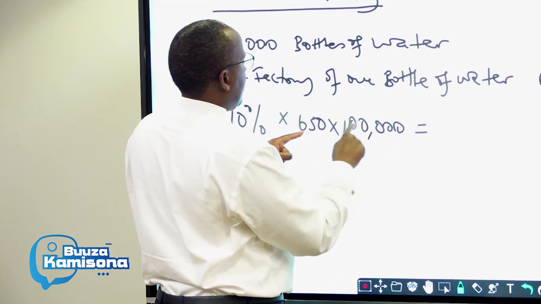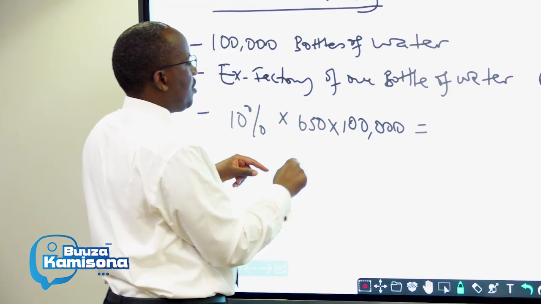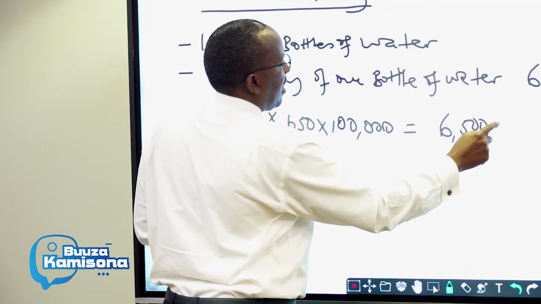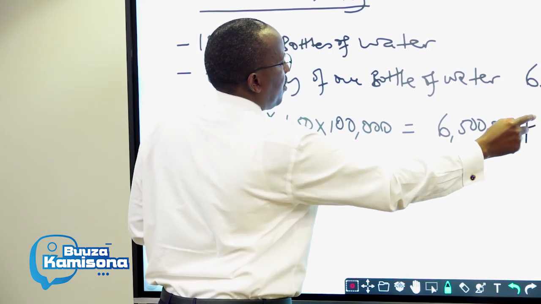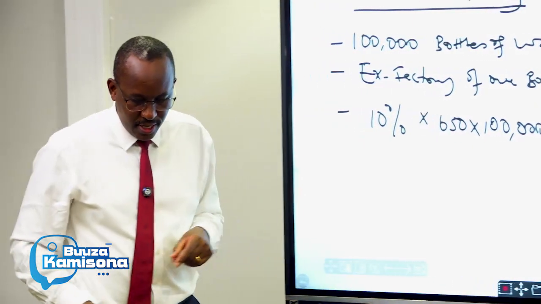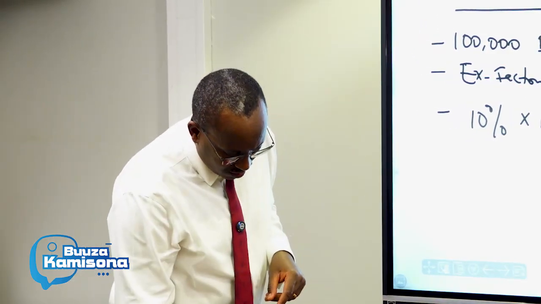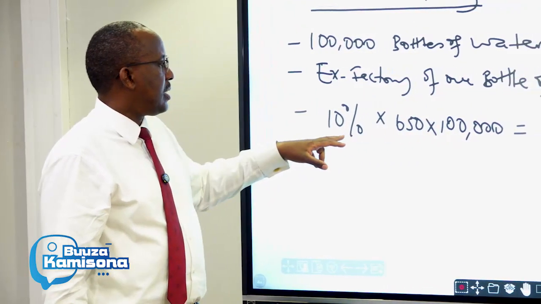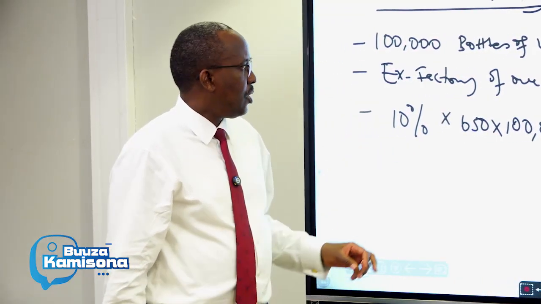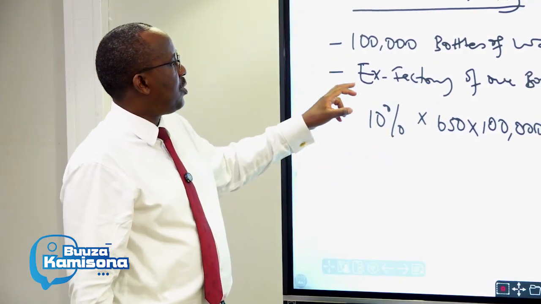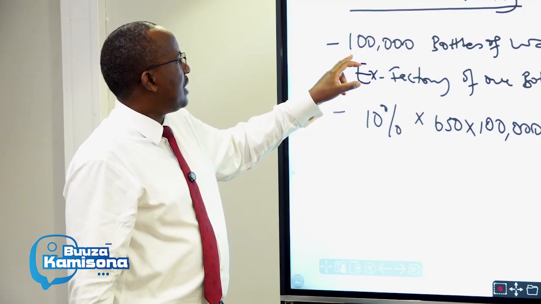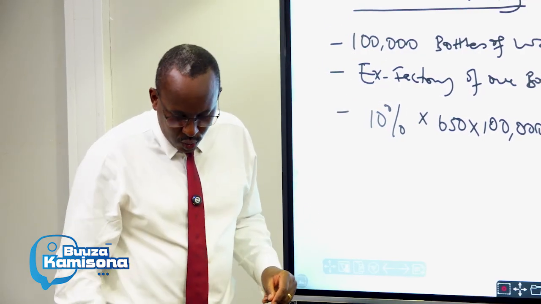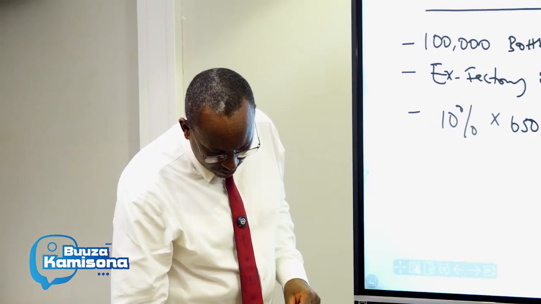First of all, this is 65 million. 10% of this will be 6.5 million. Forgive me when I do these calculations mentally, it is just in the interest of saving time, but you can double check it. This one is 65 million, 10% of that would be 6.5. So this would be the local excise duty paid on the entire 100,000 bottles of water for sale.